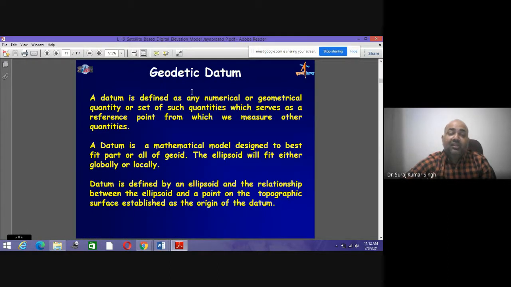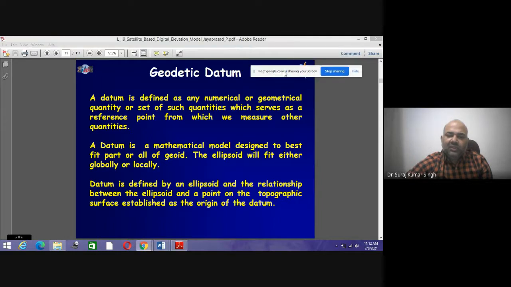Then we take datums into consideration whenever you are going for any kind of 3D measurements, 3D projections. So providing a projection to any data requires a datum. So what is a datum? A datum is defined by any numerical or geometrical quantity or set of quantities which serve as a reference point from which we measure other quantities.